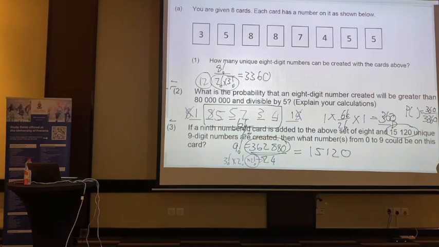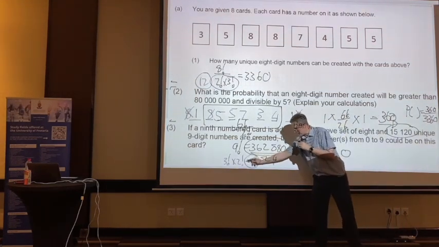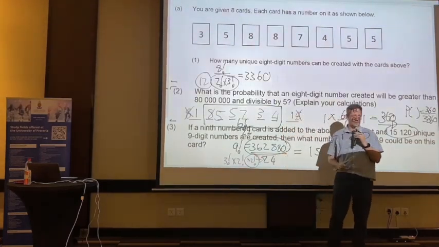So now which single digits are my options? Either this extra card was a 3, a 7, or a 4. That's the only option I've got, because it had to be another one that repeats itself.